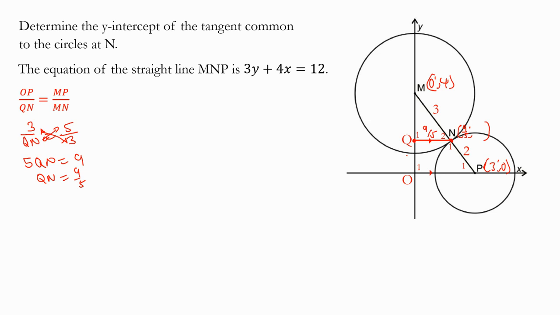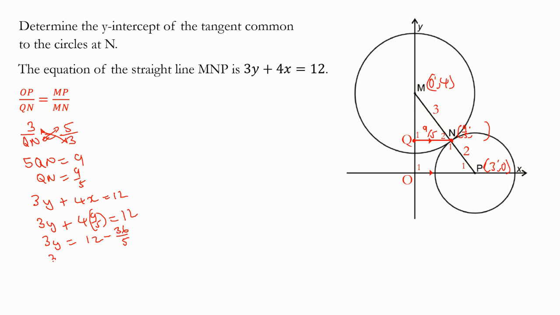We're going back to the equation of the line MNP. So it's going to be 3y plus 4x is equal to 12. And then substitute 9 over 5 there. So 3y plus 4 times 9 over 5 is equal to 12. And then we say 3y is equal to 12 minus 36 over 5.